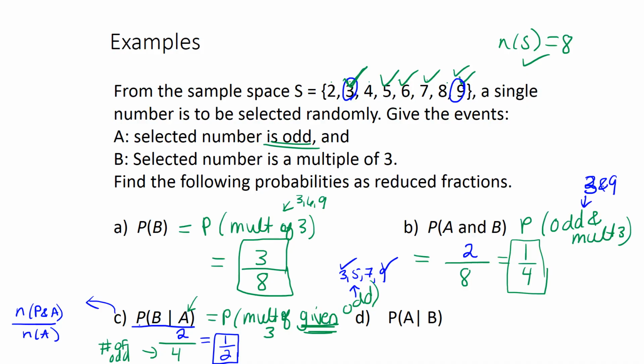For this one, all right, this is read the probability of odd given B, which is multiple of 3, given multiple of 3. So the number of multiples of 3 is the bottom.